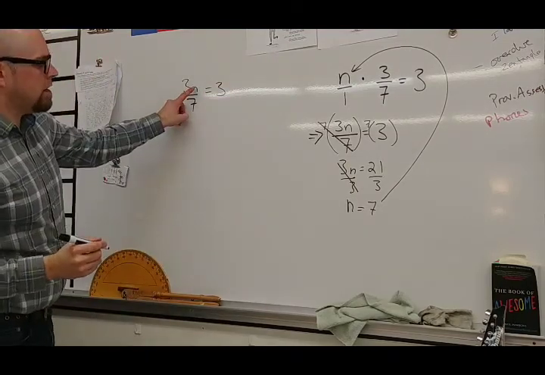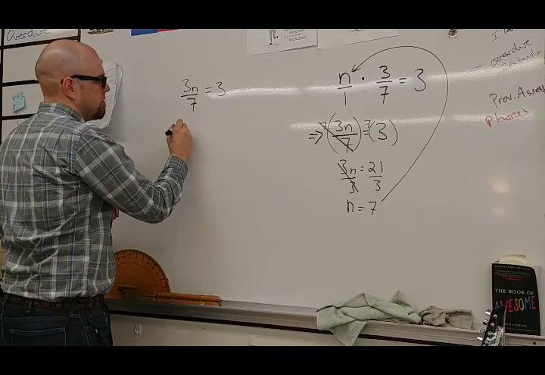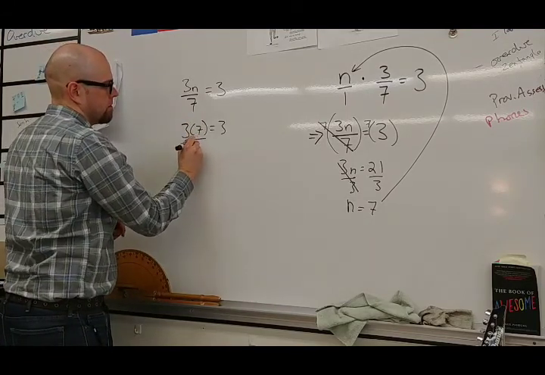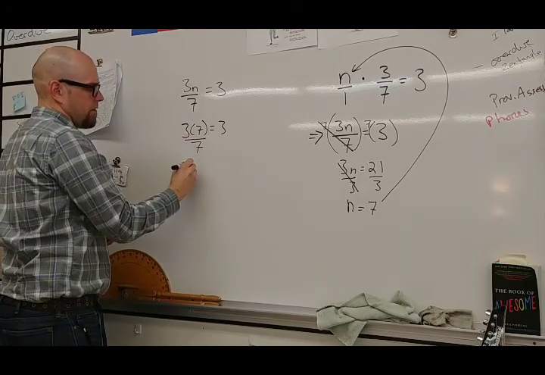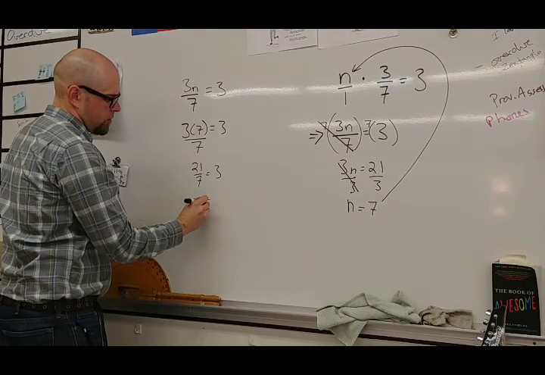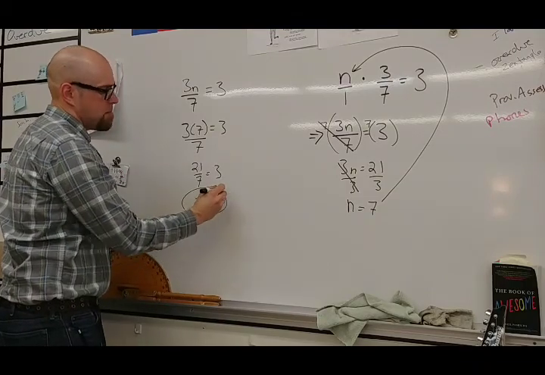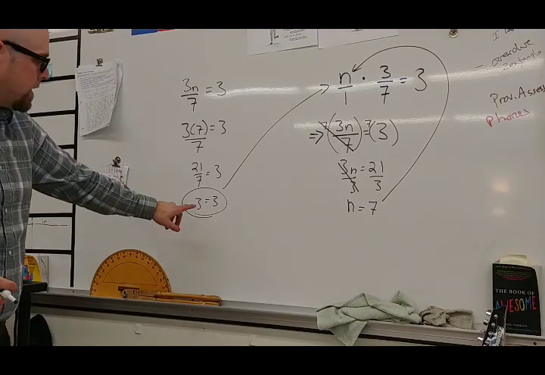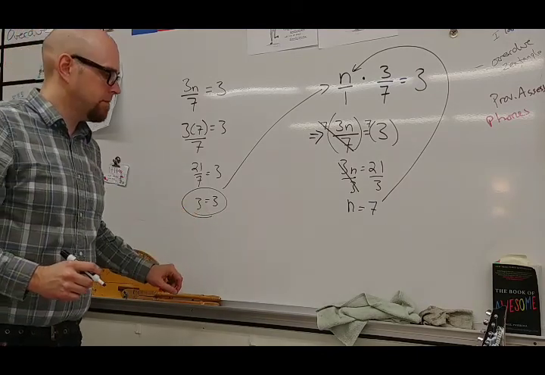So if I think n is 7, let's rewrite it as 7. 3 times 7 is 21 over 7, which equals 3. I must be correct that n equals 7. Otherwise, it would not have balanced.